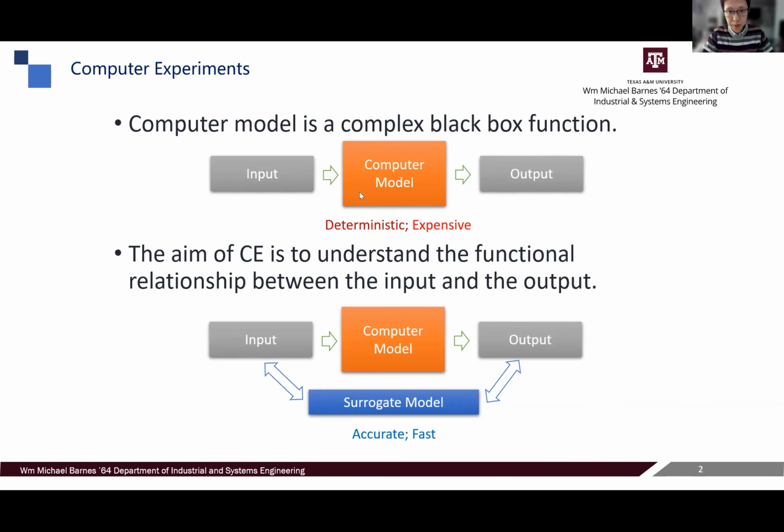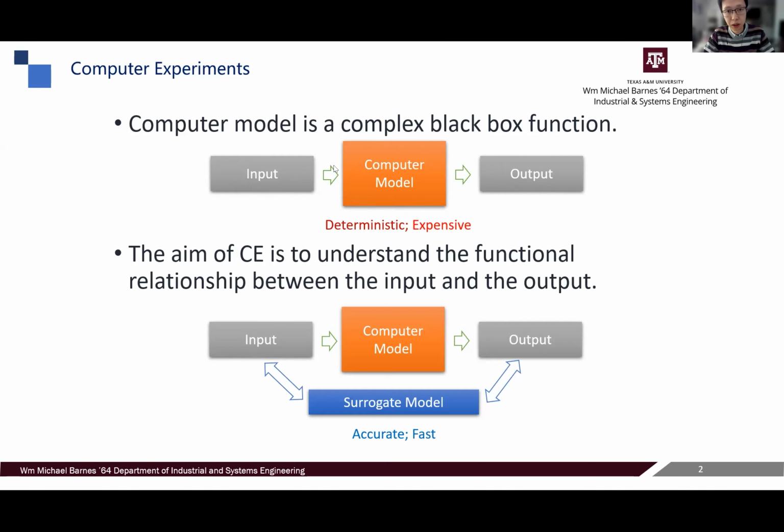This procedure usually is deterministic, though it can be stochastic, but most importantly, it is expensive to get one run. Our objective is not just to run the computer model once, because usually we want to understand different things.